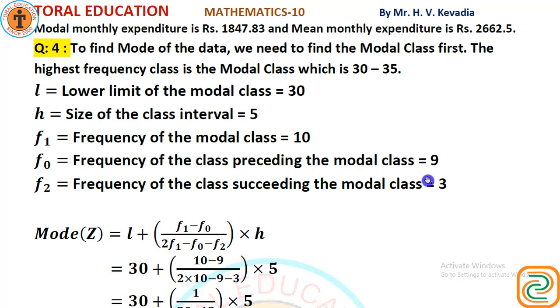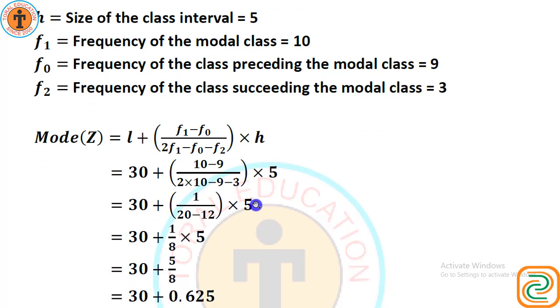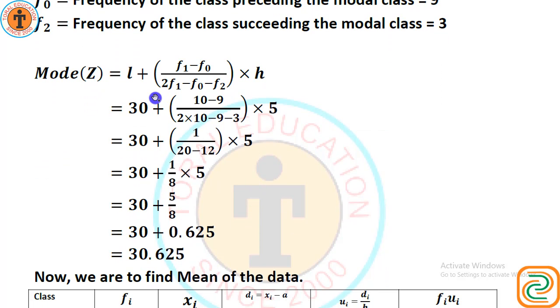Lower limit is 30, class interval is 5, frequency of modal class 10, frequency of preceding class 9 and succeeding class 3. Now we have the formula. Put the values in this formula and find out mode. That is 30.625 is our mode, right?